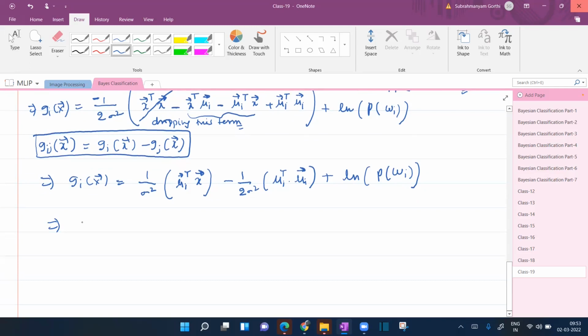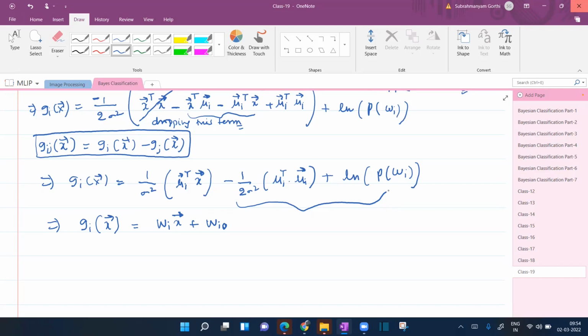Now I am writing this gi of x bar as wi times x bar minus or plus, let me keep it, wi0. Notice here, this term has nothing to do with x bar. So with respect to x bar, for varying x bar values, for a given class i, this is constant.